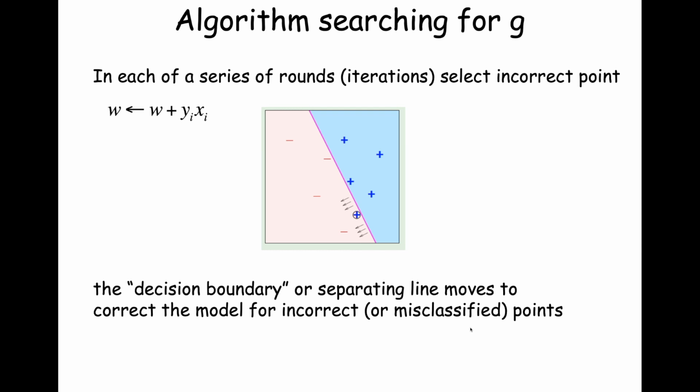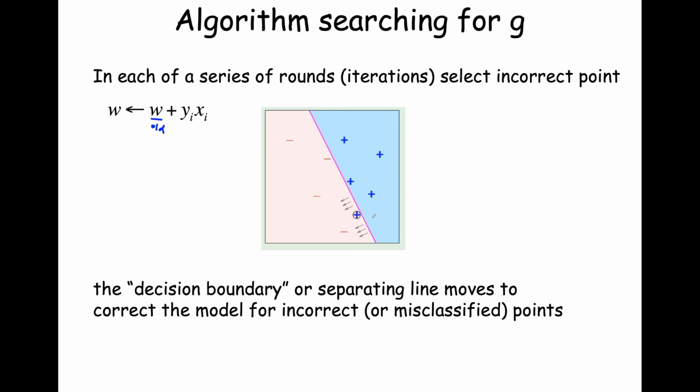So you take your incorrectly classified point, XI, the ith customer vector, and it has a ground truth label, which is either +1 or -1, that's the YI, and you're going to use that to change that W. And so we have the new version of W, which is on the left-hand side of this arrow, and that new version of W is going to be the old version, plus XI YI, where XI is the incorrectly classified point and YI is its ground truth label.